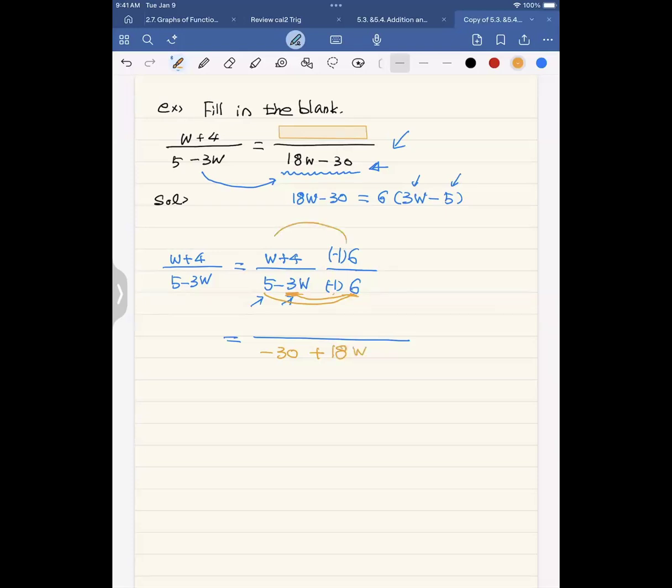And the numerator will be -6w minus 24. So this is the final fraction that's equivalent to what's written on the left side.